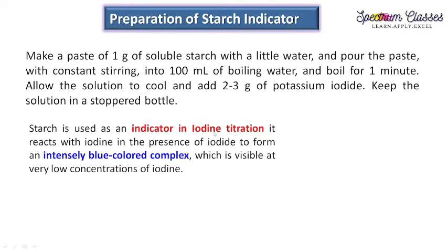Iodine titrations are of two types. One is iodometric titration and the other one is iodimetric titration. That I will discuss in my next video. Starch reacts with the iodine in the presence of iodide ions to form an intensely blue colored complex which is visible at a very low concentration of iodine.